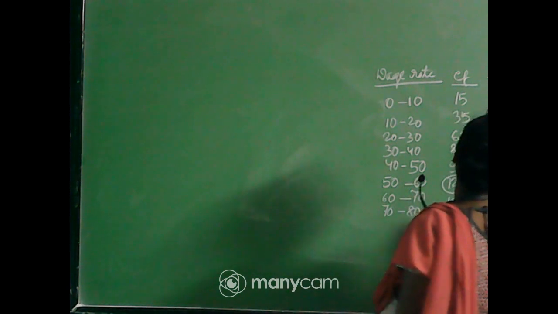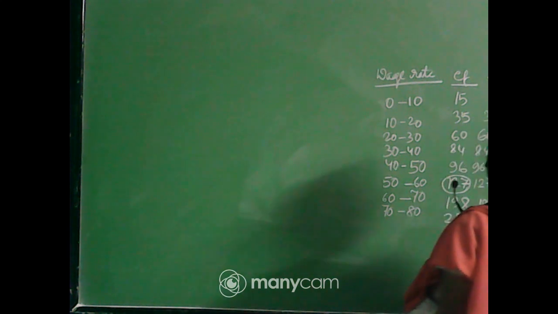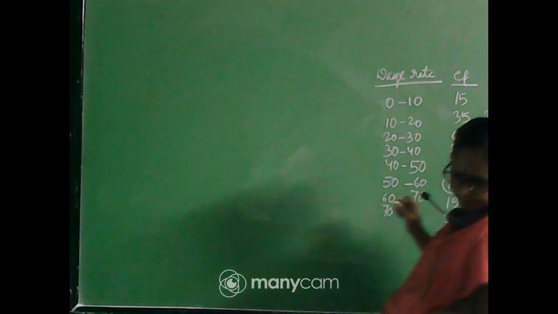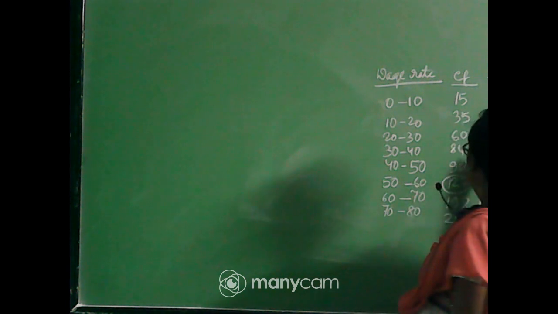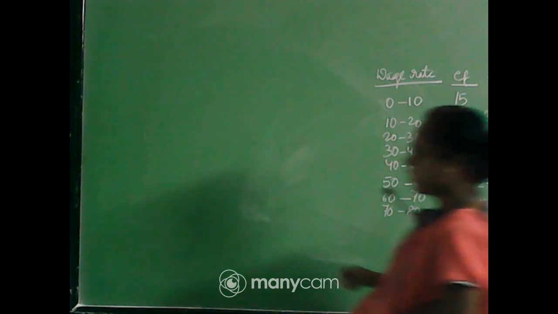So the respective frequency is 31 and the preceding CF we take is 96.